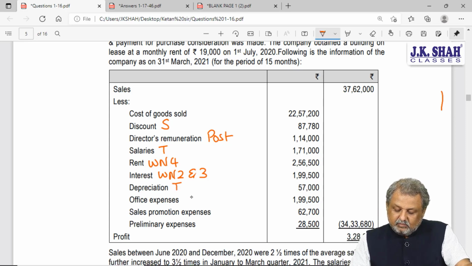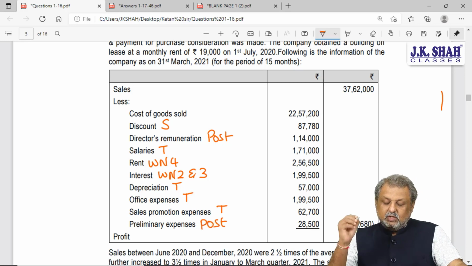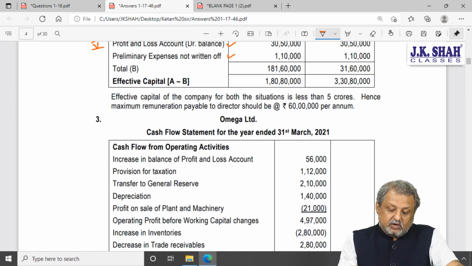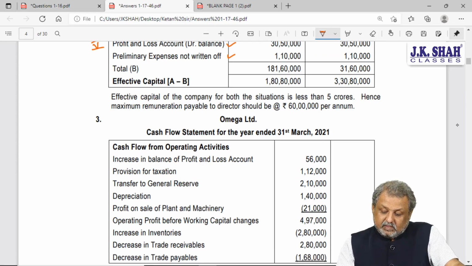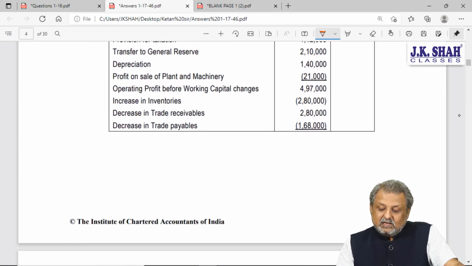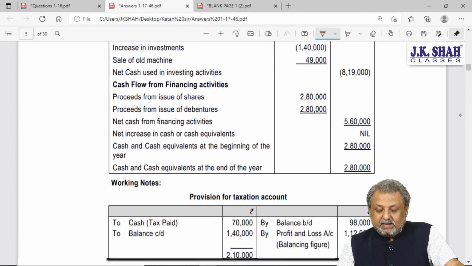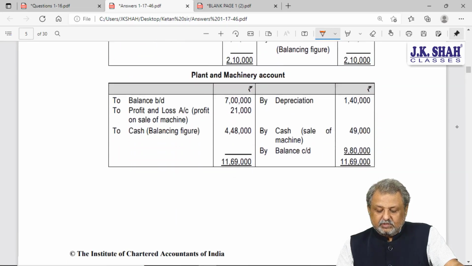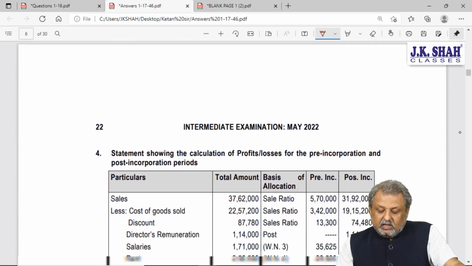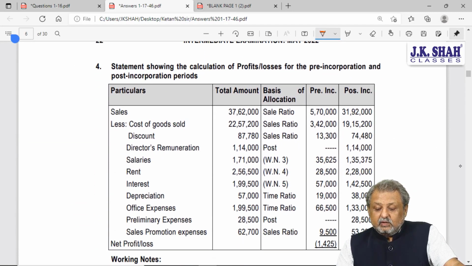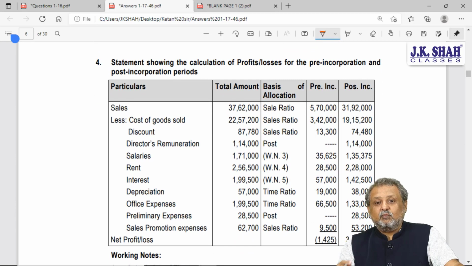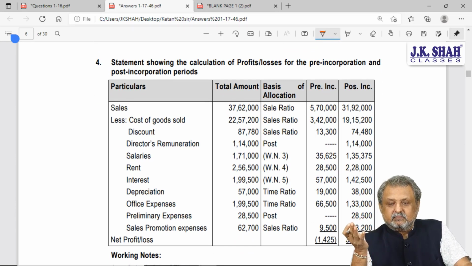Depreciation time, office expense time, sales promotion time, preliminary expense post. Now this is where I would like you to recollect. Some students misunderstand. They think preliminary expense is paid before incorporation. Beta, in this topic, we are not looking at when the cash is paid.